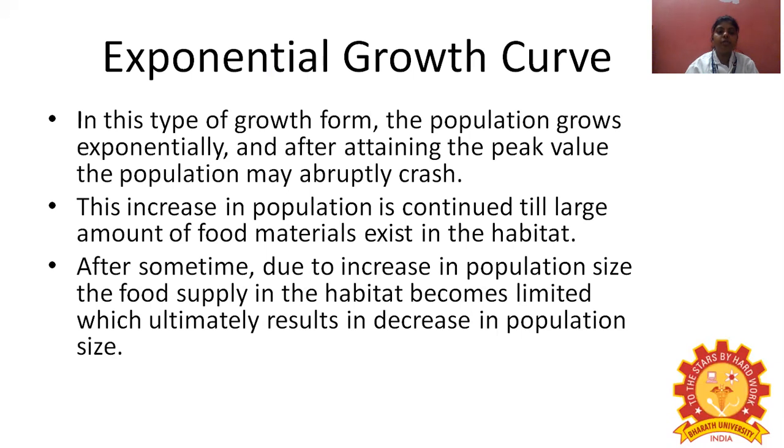This increase in population continues as long as a large amount of food materials exist in the habitat. After some time, due to increase in population size, the food supply in the habitat becomes limited, which ultimately results in decrease in population size.